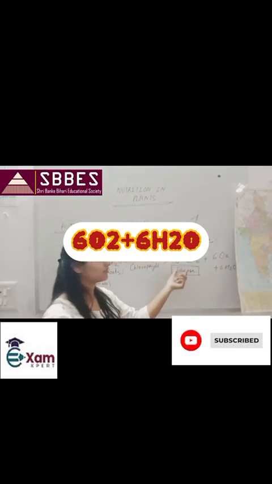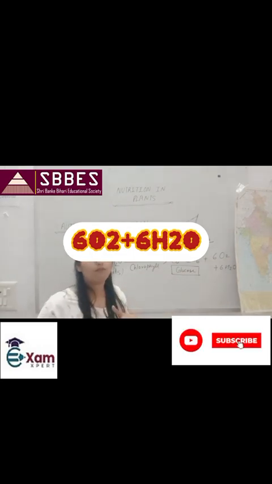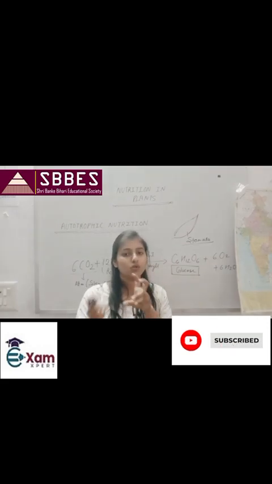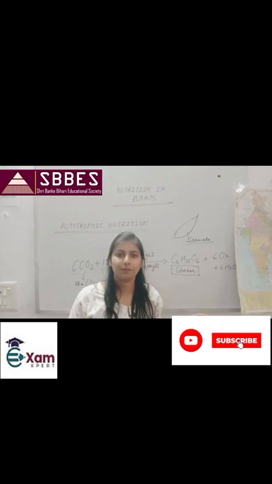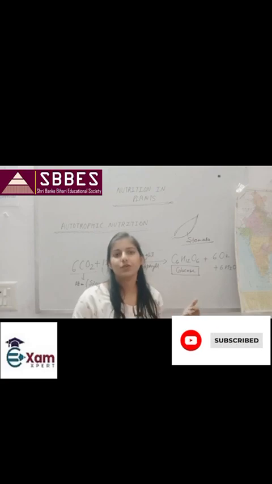Plants use this glucose as food. It is also absorbed by our body. When we take food, it is broken down into glucose, and this glucose is absorbed by our cells, and these cells use it to convert it into energy.